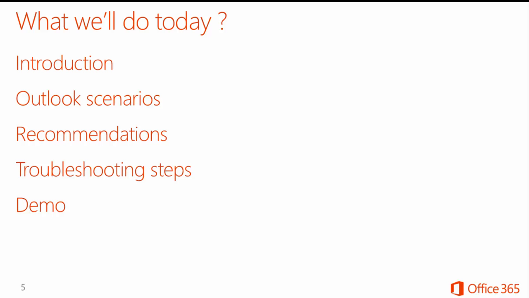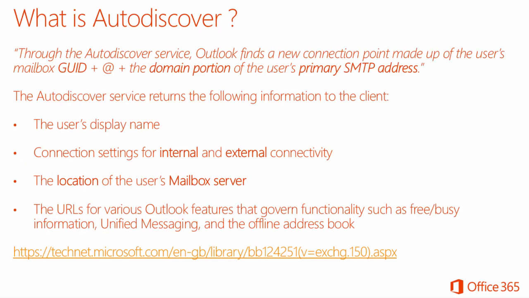So, as presented by the TechNet article, through the Autodiscover service, Outlook finds a connection to the user mailbox, and the server is retrieving the mailbox GUID and the domain portion of the user primary SMTP address.